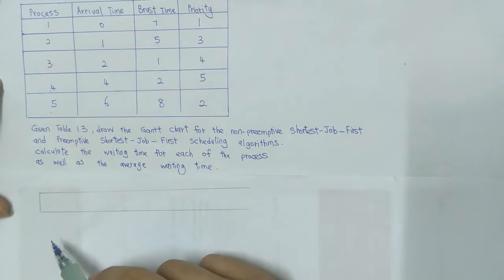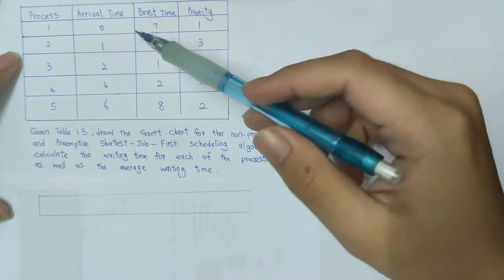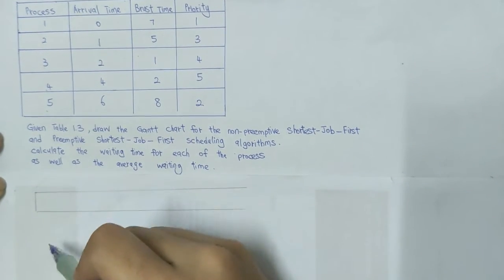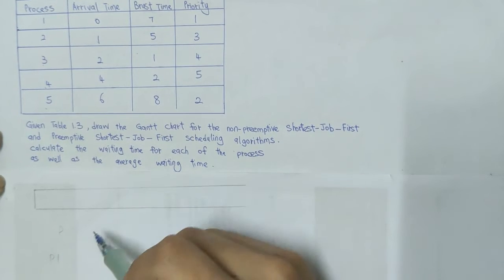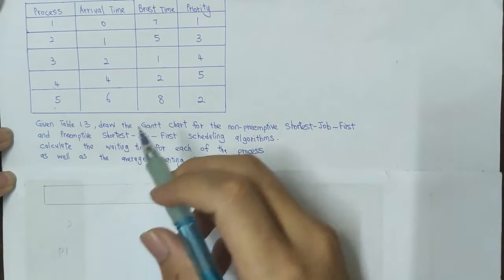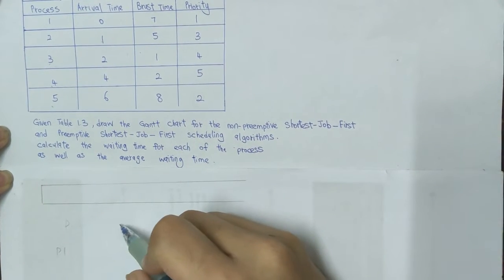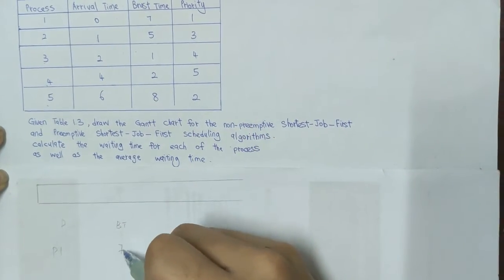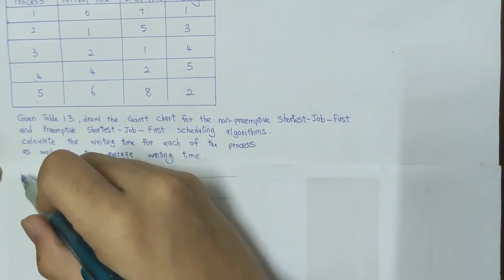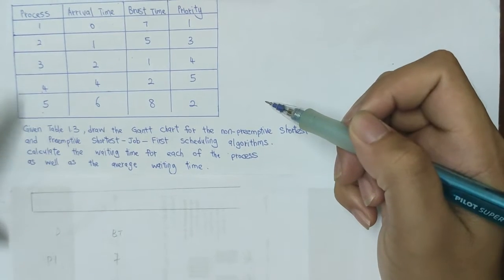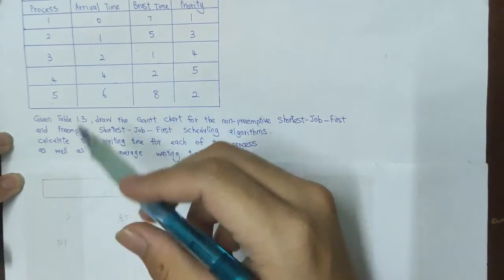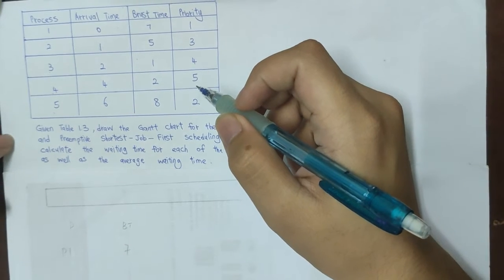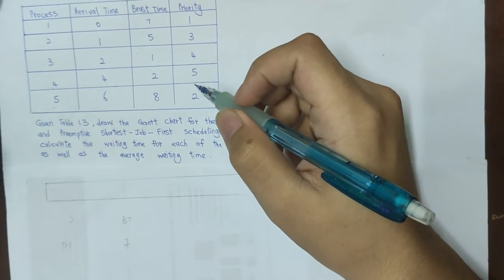First, we need to see which process arrives at 0. We choose P1, process 1, whose arrival time is 0, and see its burst time. Its burst time is 7. This is non-preemptive shortest job first, so we do not interrupt it to let other processes execute.